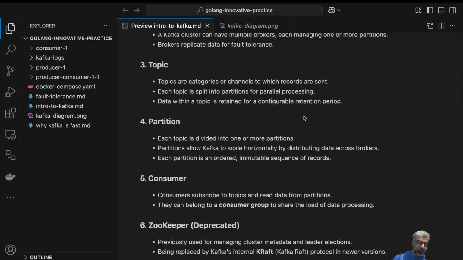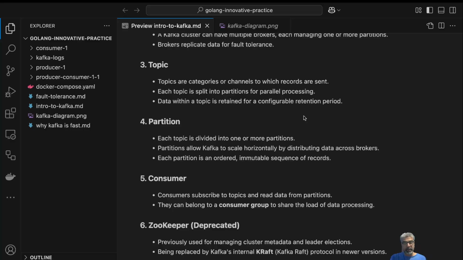Brokers will not push the data to consumers. It's not a push mechanism from the consumer's perspective. It's a pull mechanism. It is not a pull mechanism from the producer's perspective. It's a push mechanism. Producers push data to the broker, and the broker doesn't do anything. You understand that it is the producer that pushes the data, and the consumer that pulls the data.